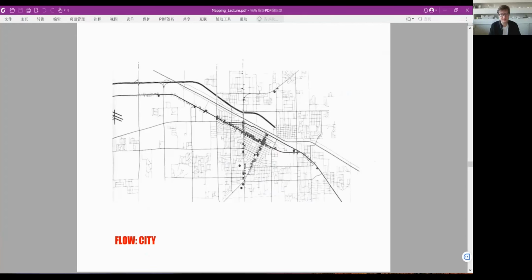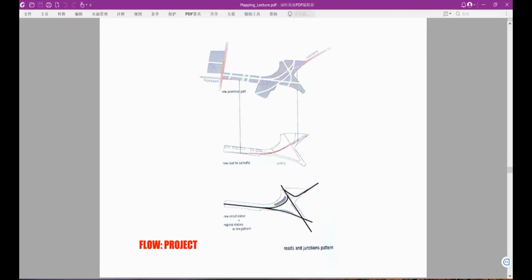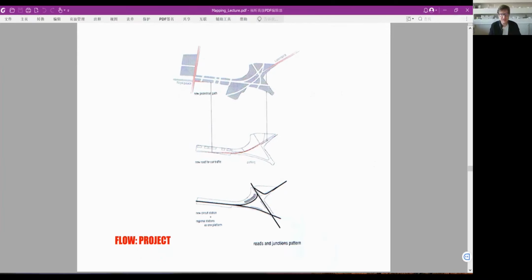Next one. And all of these can be overlaid. So the city form, the pedestrian walkways, the roads, and the overlaying of these, the regional stations and open spaces. Next one.